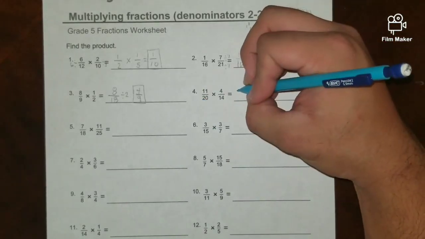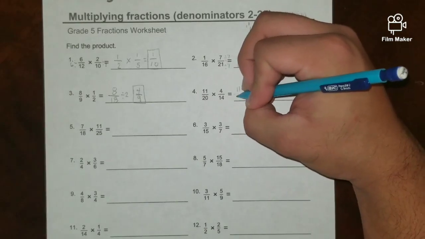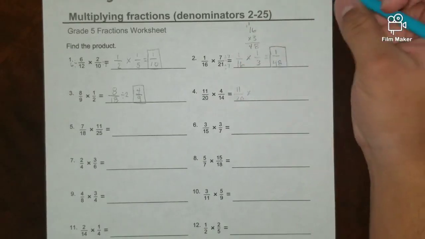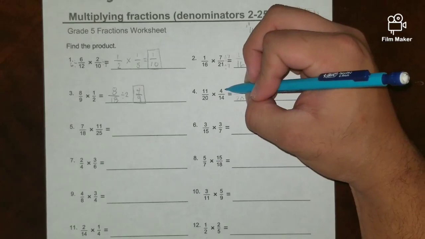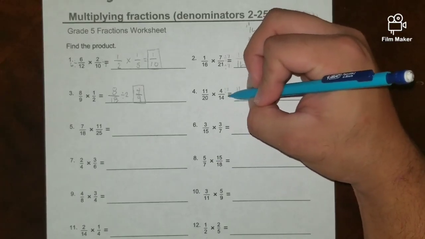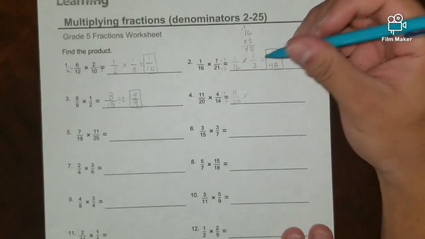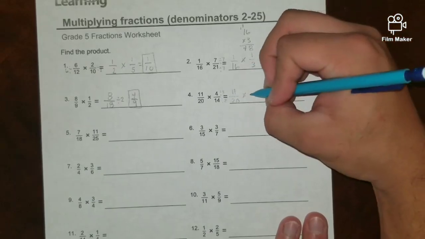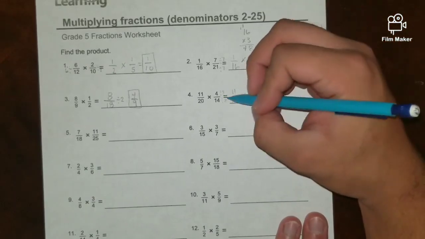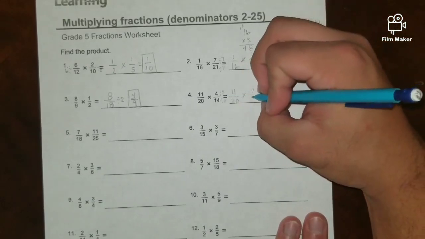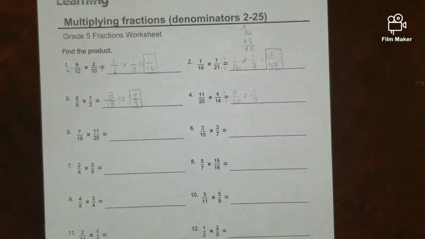So if we rewrite it, we would write 11 over 20 times, and if we took a 2 from each one, 2 from 4 gives us 2, and 2 from 14 would give us 7. And now we multiply.